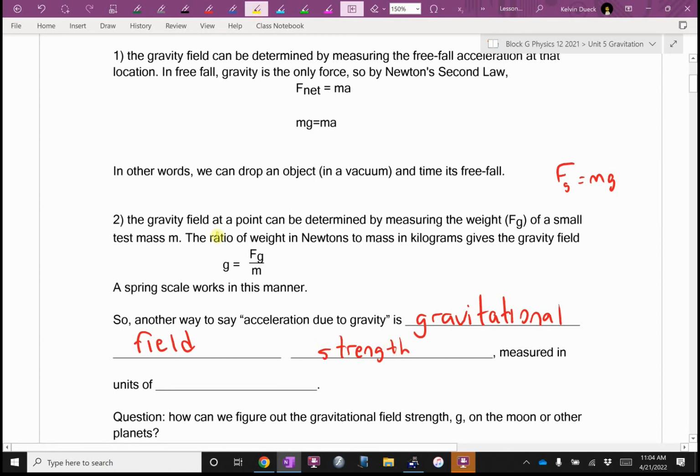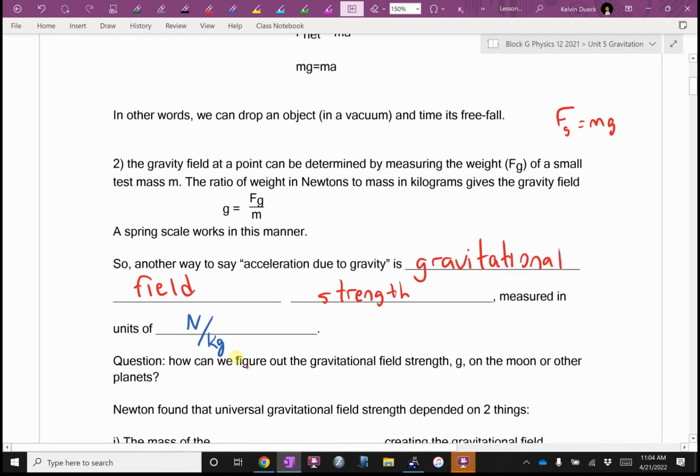That's really what this one here is. How many newtons of force are being pulled on every kilogram? And it's measured in newtons per kilogram, which must be the same as acceleration, meters per second squared, because F equals ma, get the a by itself.